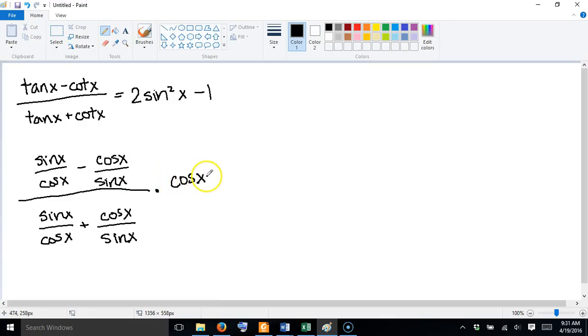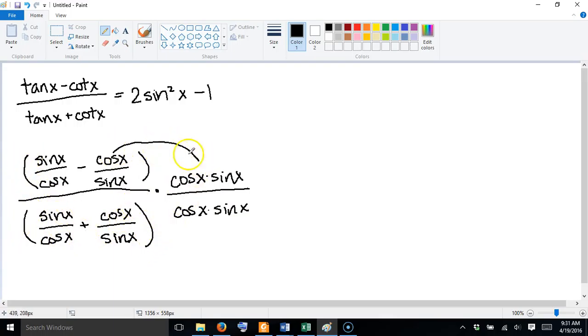So cosine x times sine x, both numerator and denominator. Okay, this is going to distribute across this right here, so multiplying it to both of these, and then this one to both of these.